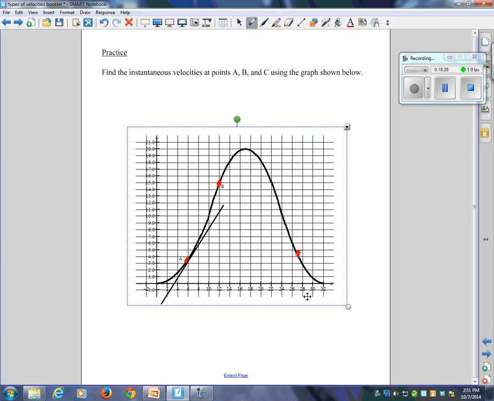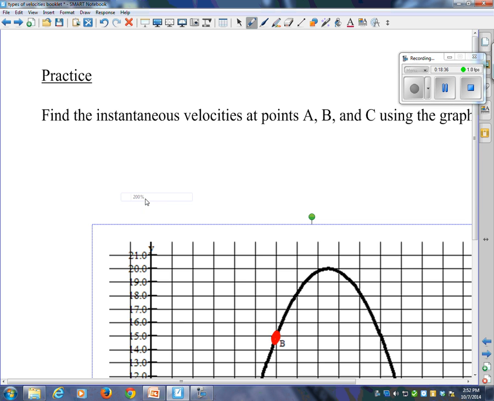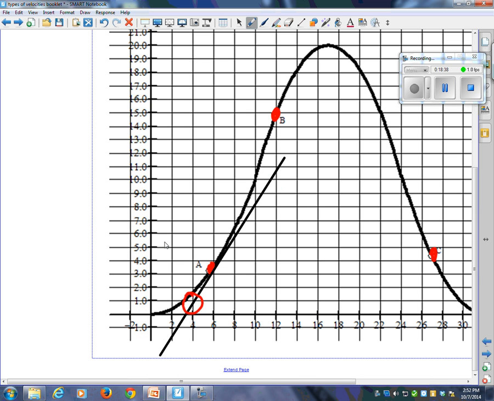Then what? Pick 2 data points and find the slope. So there's 1 data point there, and I'm going to pick that one there.